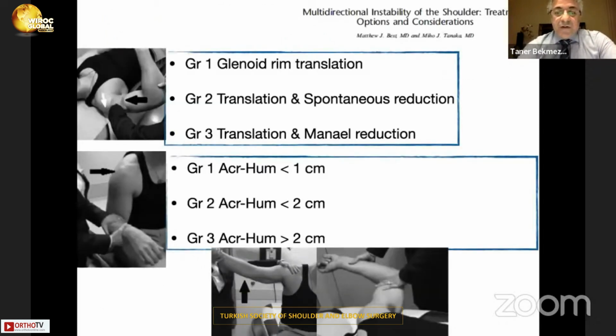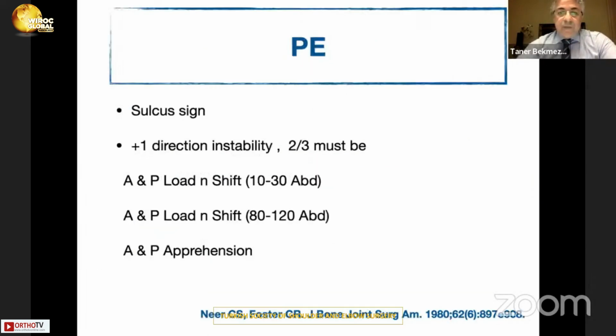There are several examination methods. Ghazi mentioned some of them, including the load and shift tests, mostly used in multidirectional patterns, and also the sulcus test for inferior instability, and also the hyperabduction maneuver, apprehension test, relocation test, and posterior jerk test should be assessed to better understand it.